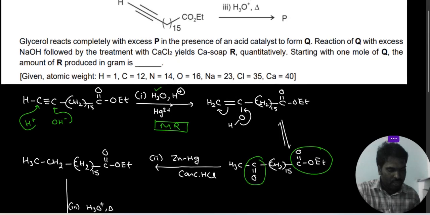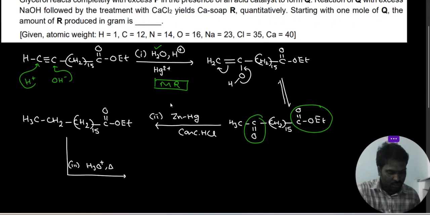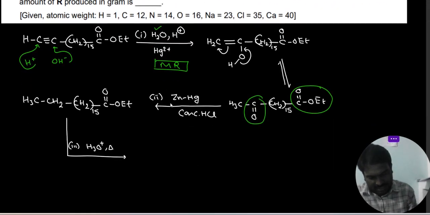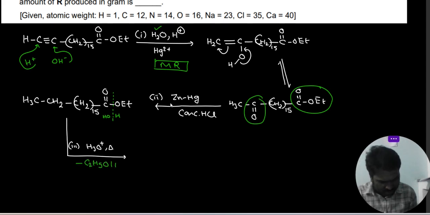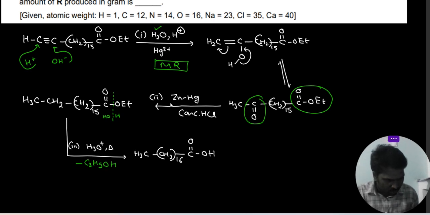So now this ester is hydrolyzed to give carboxylic acid and ethyl alcohol. Then CH3 and CH2 16 times we can write, then C double bond O OH. So here CH2 15 times and one more CH2, so CH2 16 times.